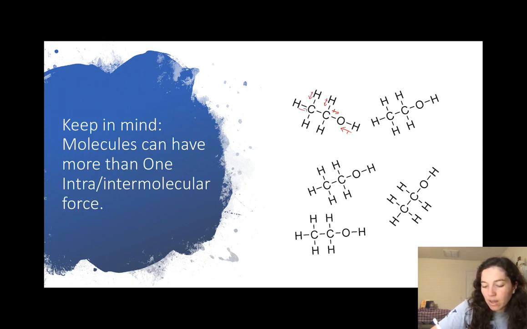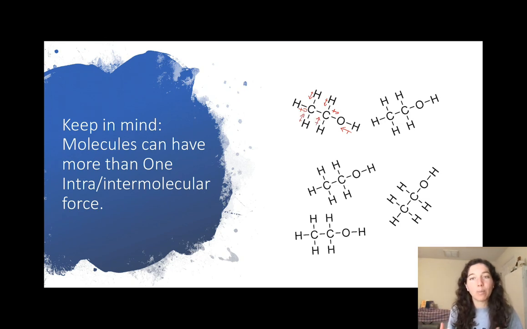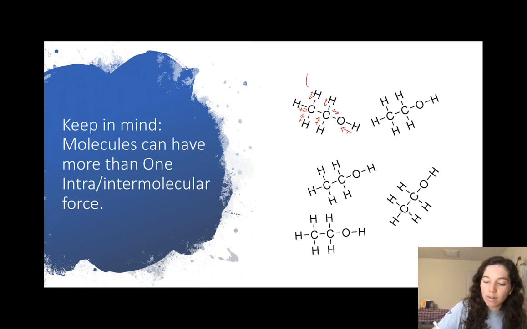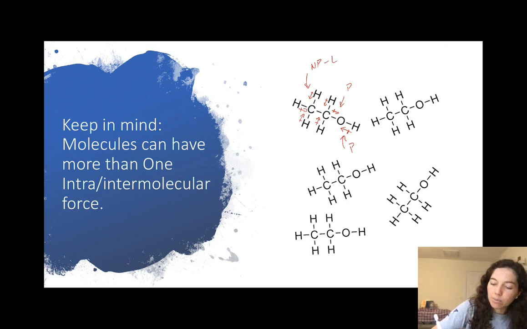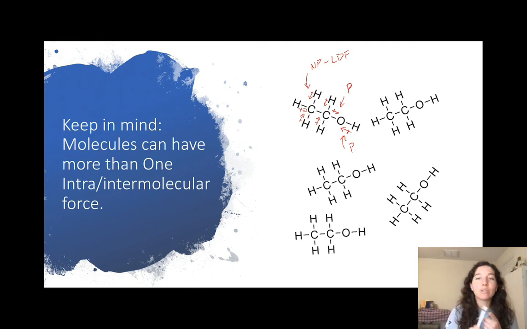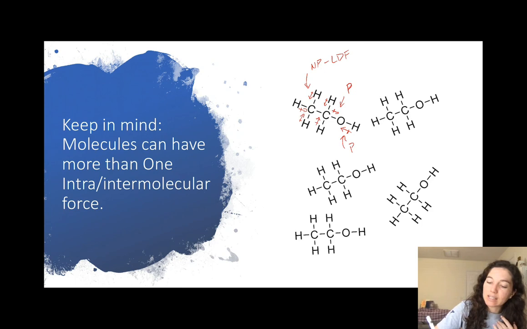If we went in to qualify the electronegativity differences on all of these different dipole moment arrows, you find that this one qualifies as nonpolar covalent, this one qualifies as polar covalent, this one qualifies as polar covalent. If you went in to qualify the intermolecular forces corresponding to these, you find that this is a London dispersion force. Because this is polar and it's not between a hydrogen and a nitrogen, a hydrogen and oxygen, or hydrogen and fluorine, it means it is dipole-dipole.